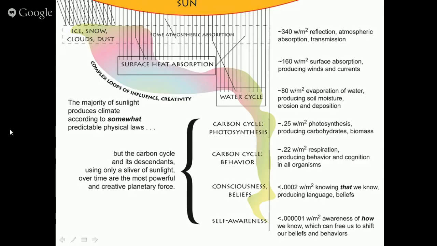About 160 watts per square meter, or about 1,200 horsepower per acre, is absorbed as heat at the surface, primarily by our dark oceans, and that drives winds and currents. Water cycling is responsible for about the other third, which evaporates water and drives the water cycle, which is a huge heat engine, if you will.